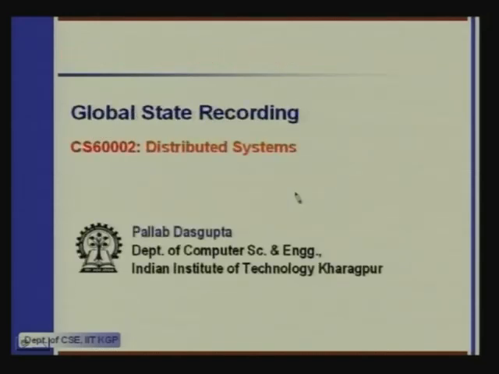The next topic that we will look at is global state recording. You remember that in one of the earlier classes we discussed the problem that there are continuously different kinds of activities going on in the distributed system, like transactions in a distributed database.